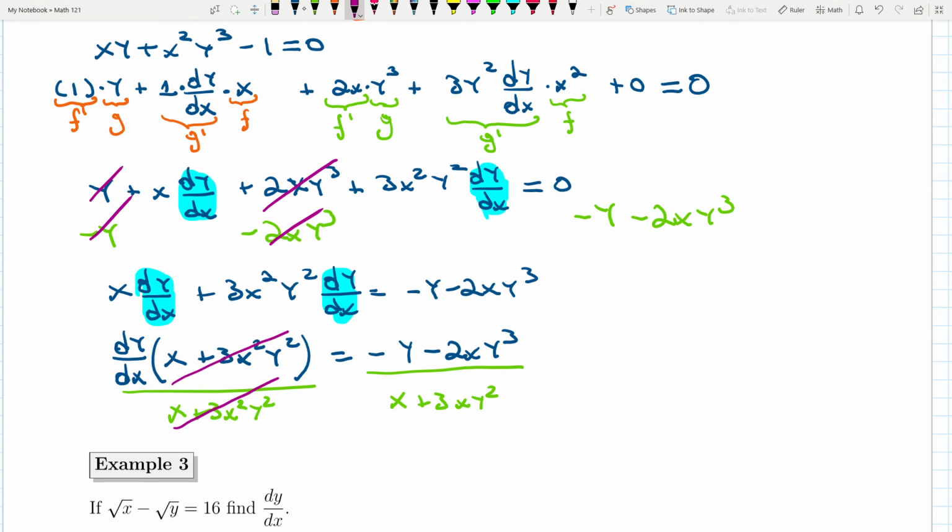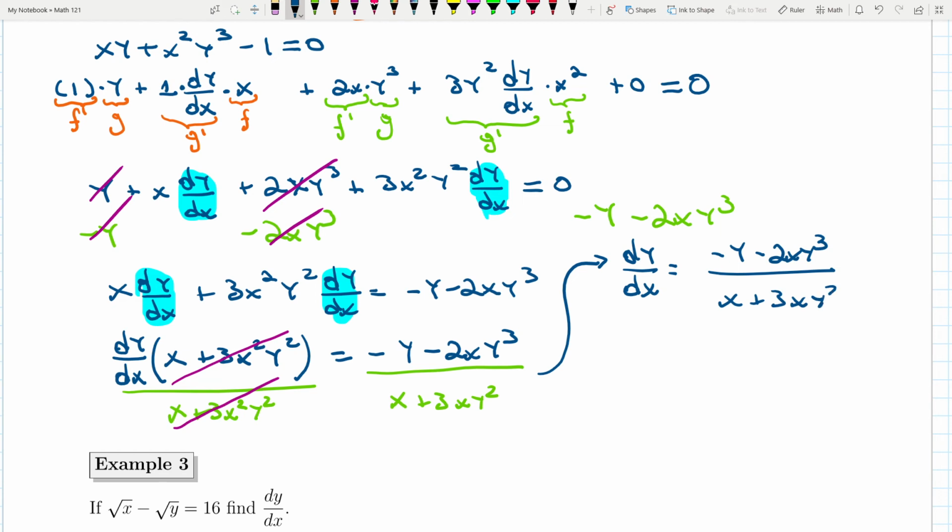So dy/dx then, I'm going to move over here, dy/dx equals negative y minus 2xy cubed over x plus 3x y squared. Final answer to this question.